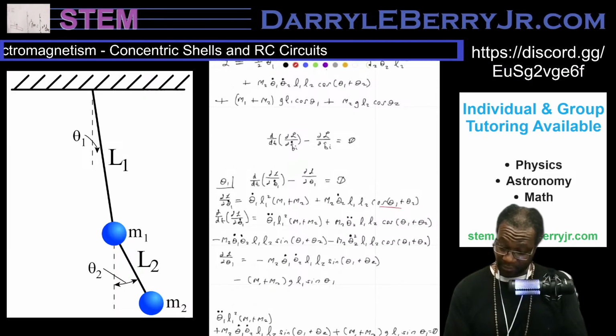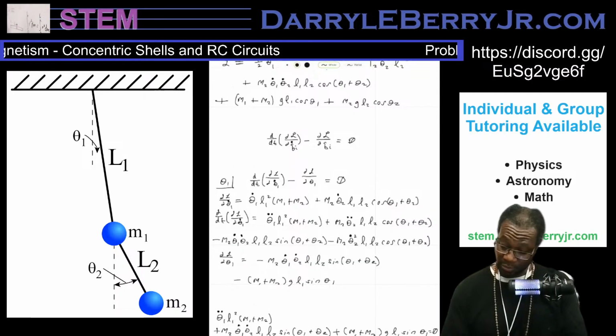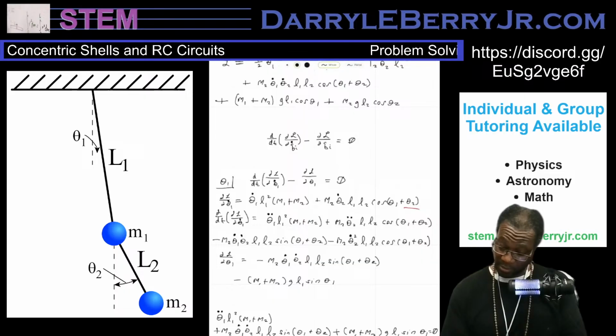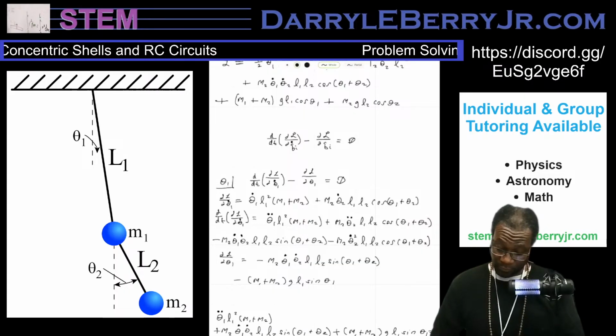Then we have negative M2 theta 2 dot L1 L2 sine(theta 1 plus theta 2) and theta 1 dot, the first one. And then we have the same thing for the second one: minus M2 theta 2 dot squared L1 L2 cosine. And that seems to be good.